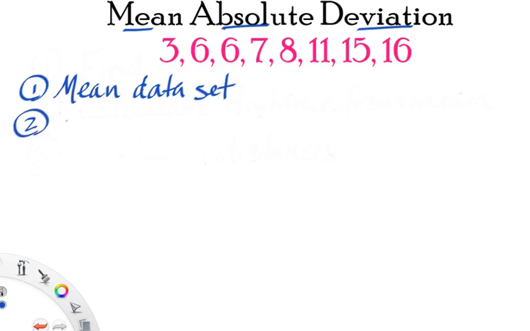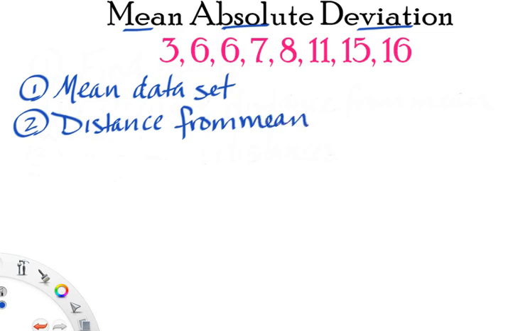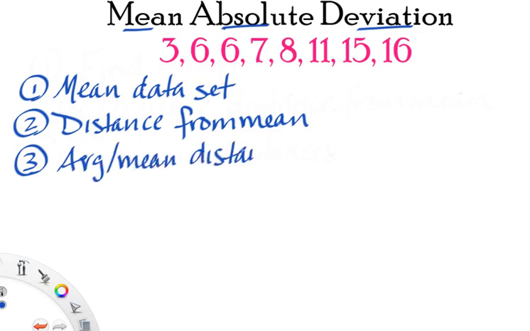Step 2 is to calculate or determine the distance each number is from the mean. And then finally, the third step is to find the average or the mean of all of those distances. 3 steps, shouldn't be too difficult. Let's try it out.